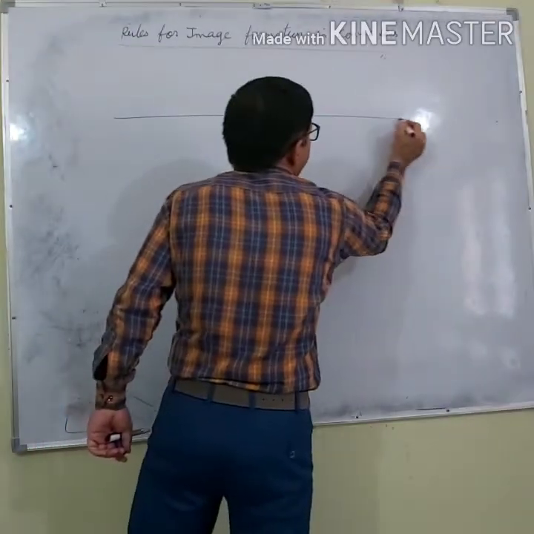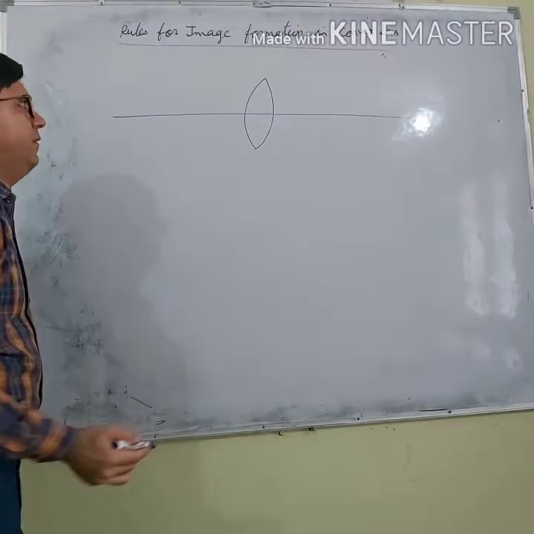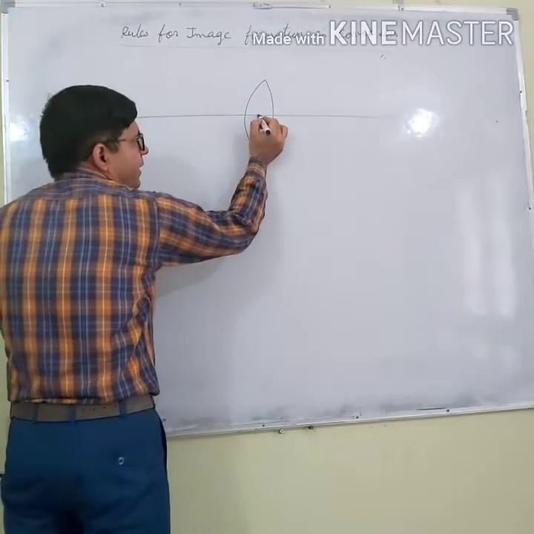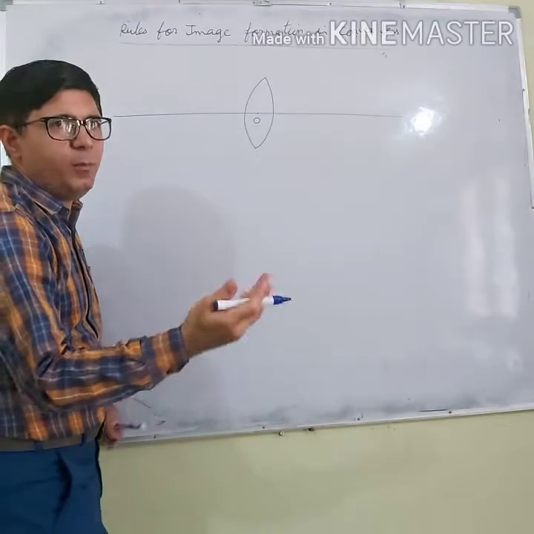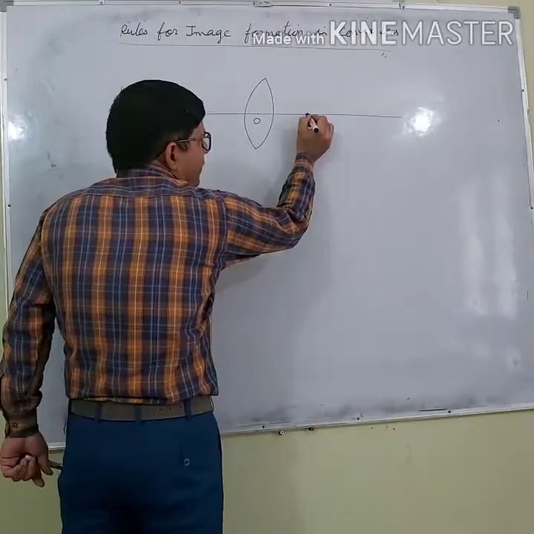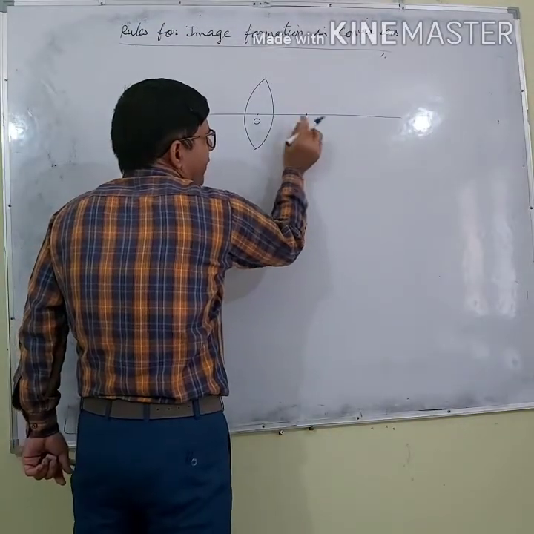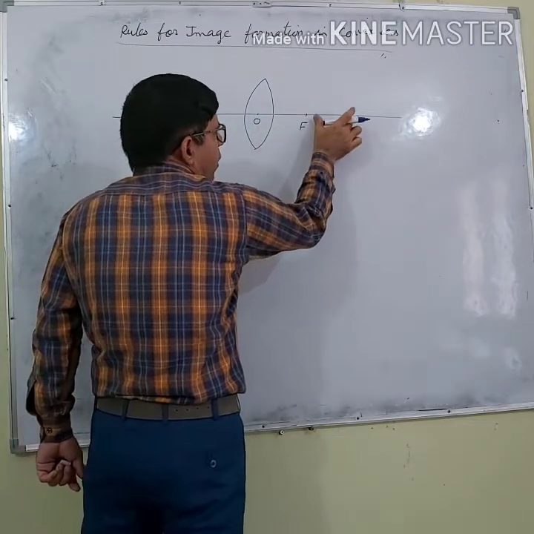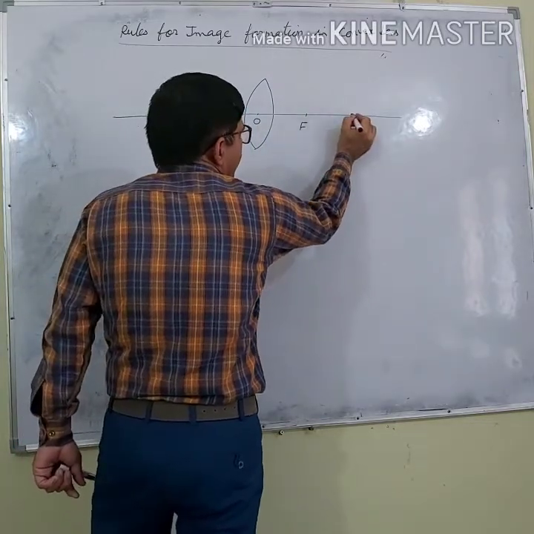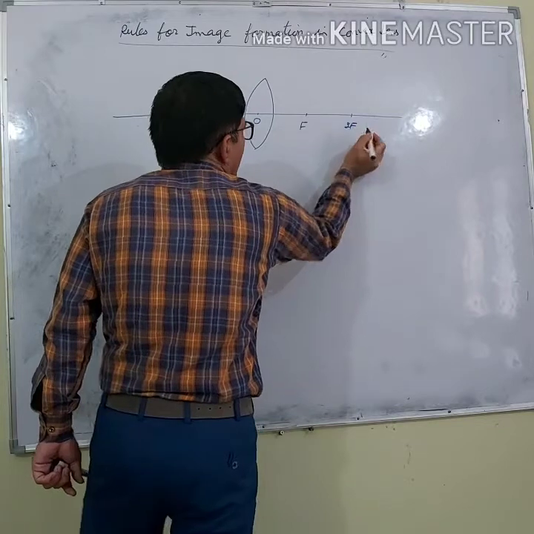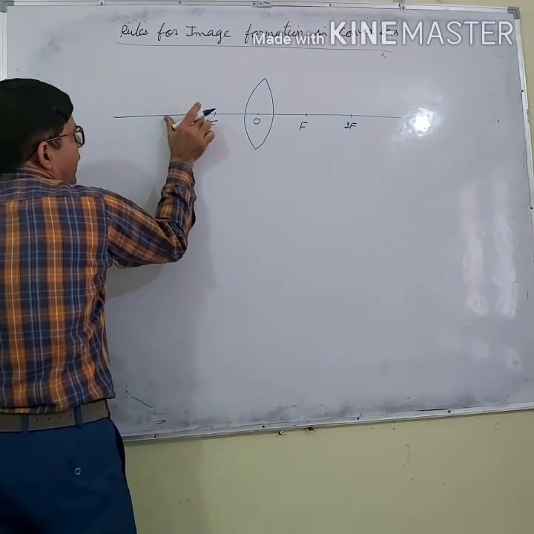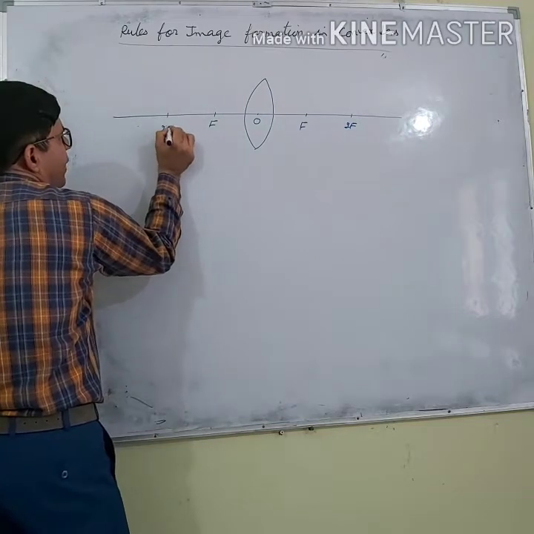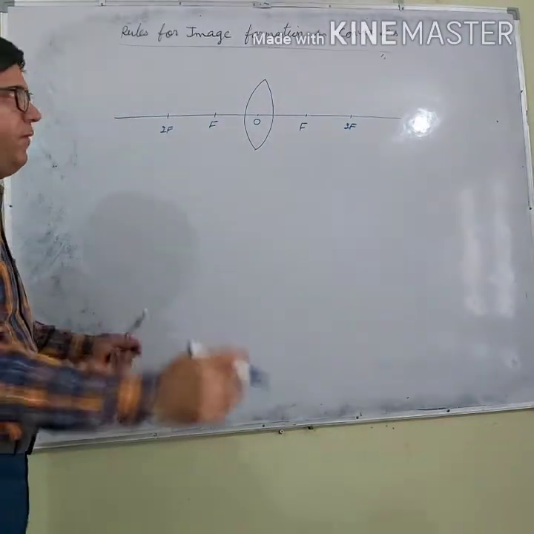And this line is principal axis. And what is the center? We are having optical center. In mirror we were using pole. Now let us say this point is F at 3 cm from O, and again at further 3 cm mark a point 2F. Again here mark a point F, and at 3 cm mark a point 2F.